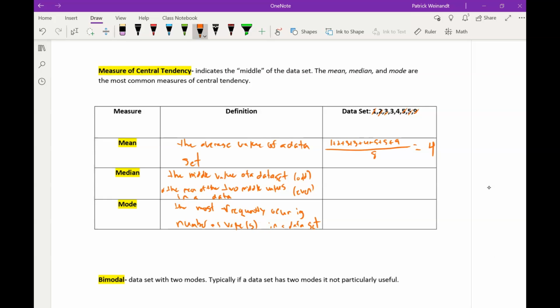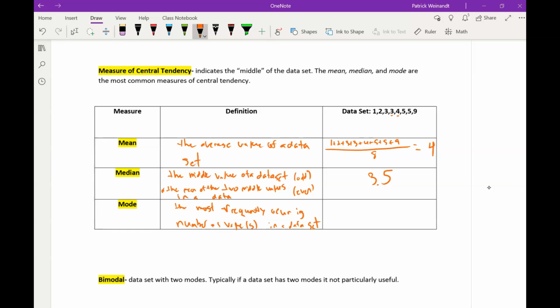Or, since this is an even set, you know that there are 8 items, and you know that 4 is going to be the halfway point for each side. So 1, 2, 3, 4, here's your value, and then the other one right next to it. Or you can go backwards, 1, 2, 3, 4. So it's going to be the average of these two values. 3 plus 4 divided by 2, you're going to get 3.5.